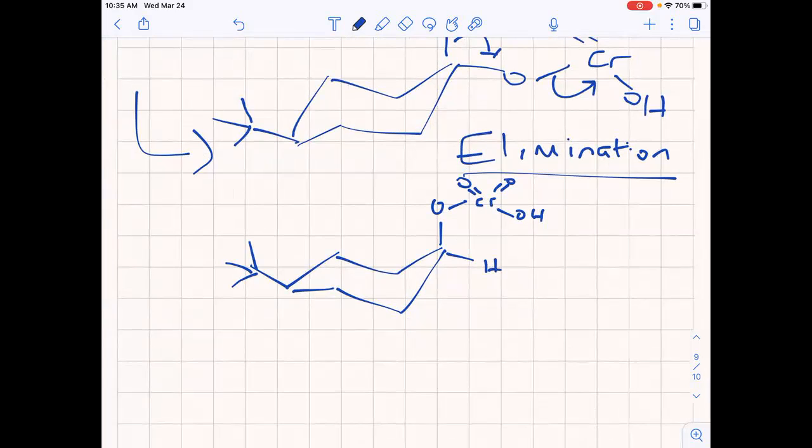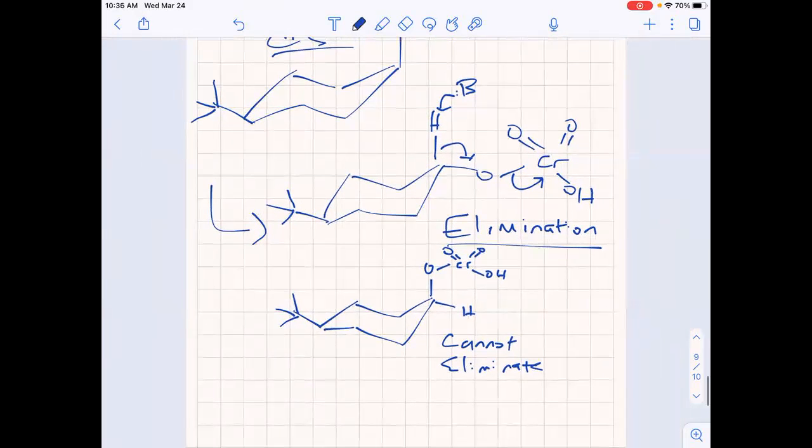Right, you actually cannot do the elimination because the geometry is not properly set for that. You can't do the elimination in this case.